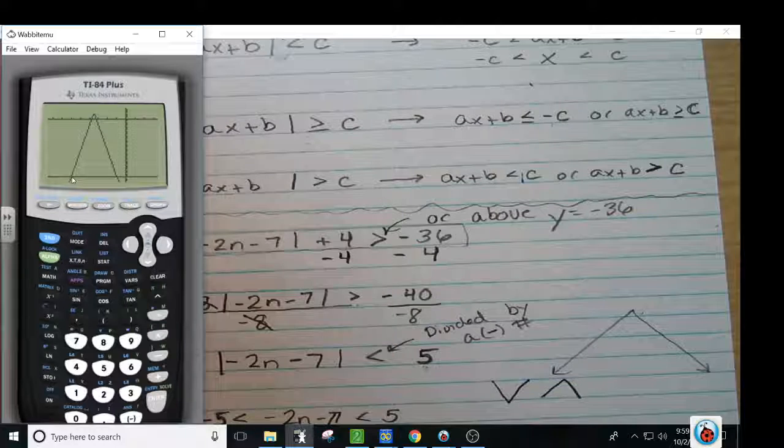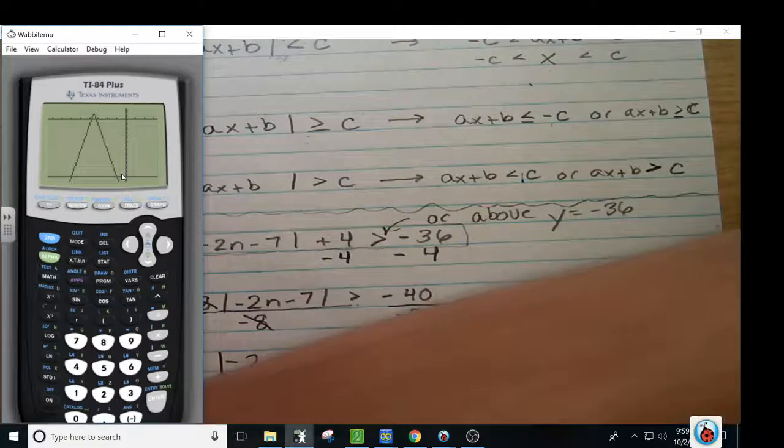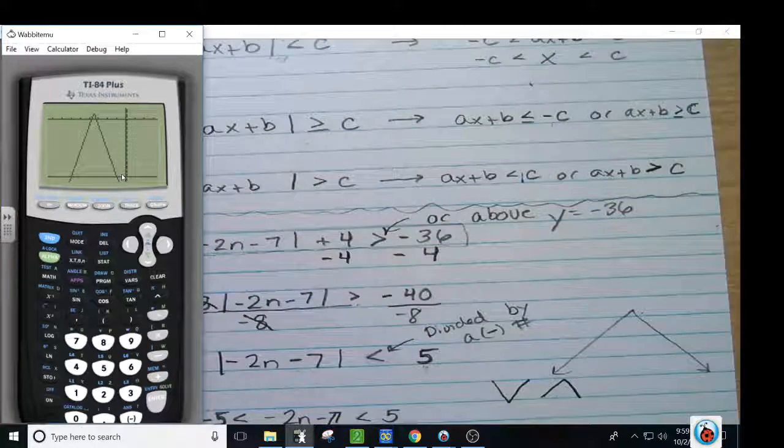So what that's saying is, guys, remember this was negative 6, this is negative 1. Now, guys, think about it. Just use common sense.